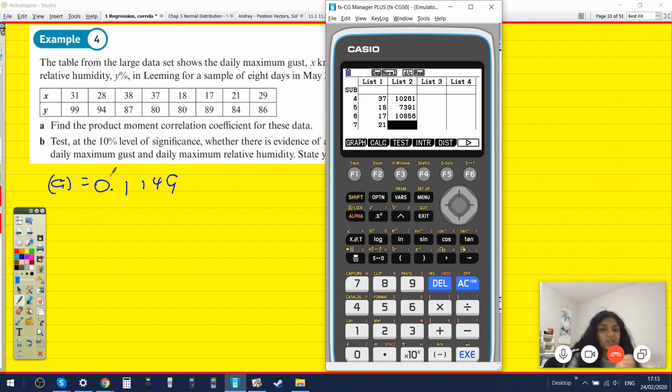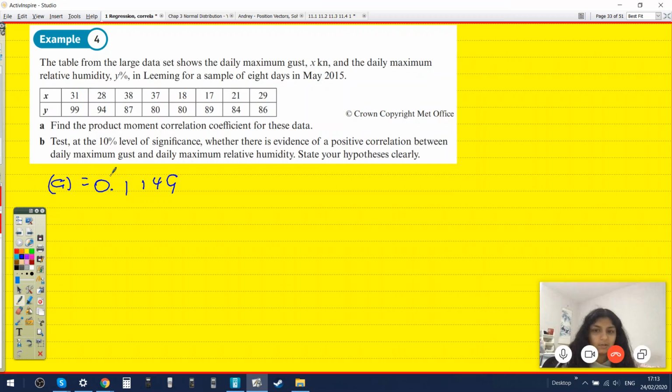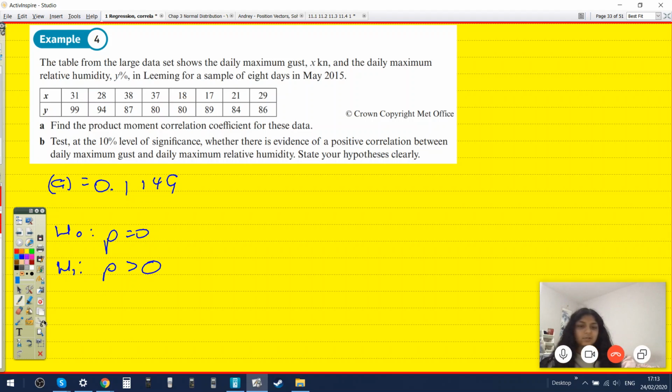So the correlation is positive. So you have to do H0, P is equal to 0. And then H1, P is greater than 0. Then you have to find the critical value.